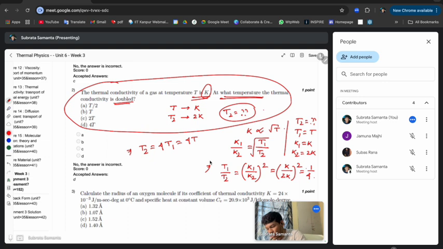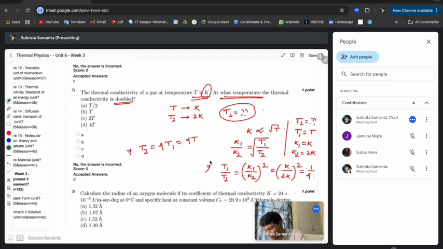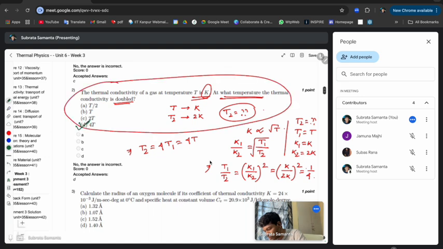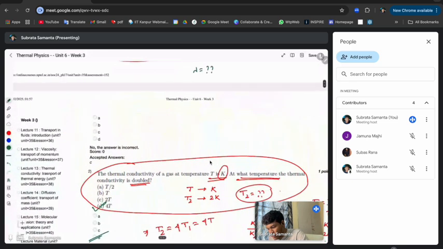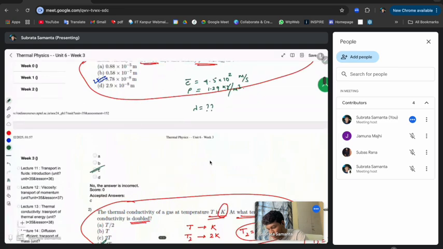Therefore at what temperature is the thermal conductivity doubled? It's 40, the last option. So the D option is correct.